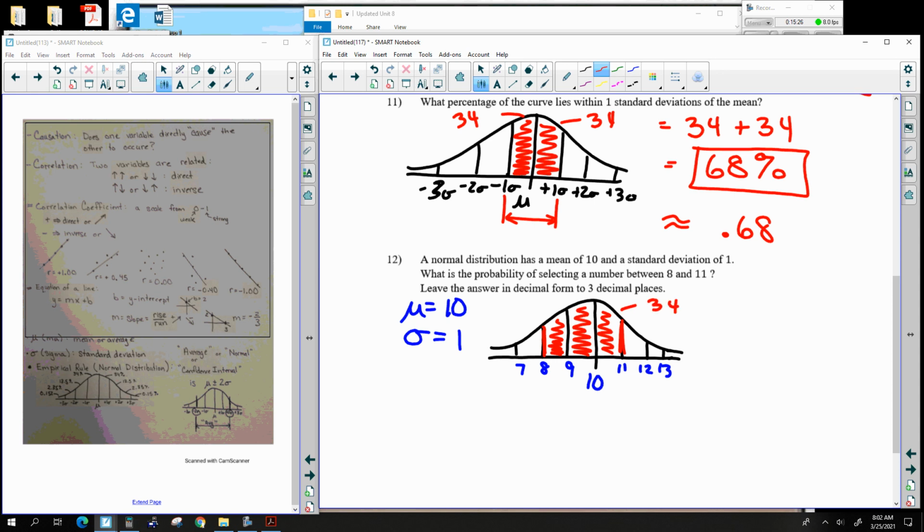Those three bars happen to be a 13.5, a 34, and a 34. That comes to 81.5. As a decimal, that'd be 0.815.